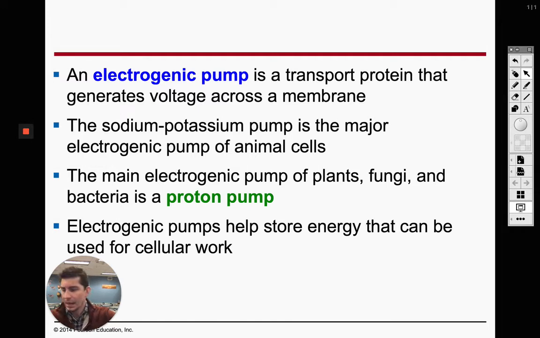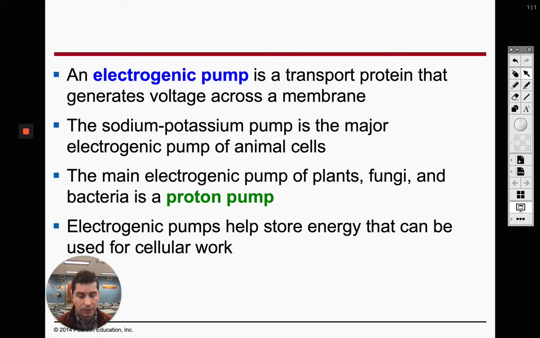Okay. We're going to talk about proton pumps. Now, a lot of our organisms have proton pumps, and it says there are plants, fungi, bacteria. We have them. So, moral of this is that all three of our domains have these proton pumps.